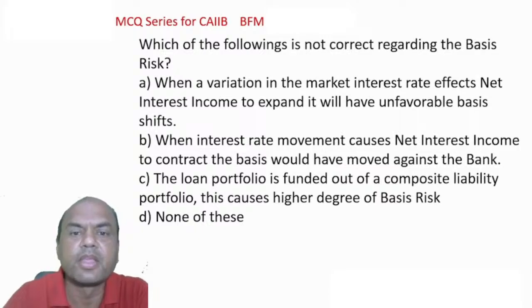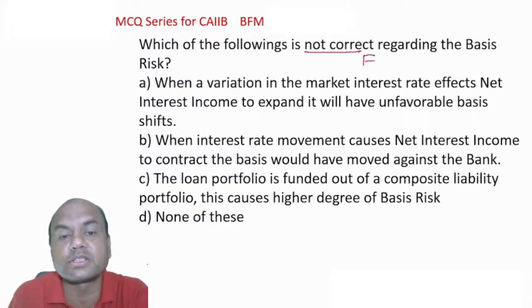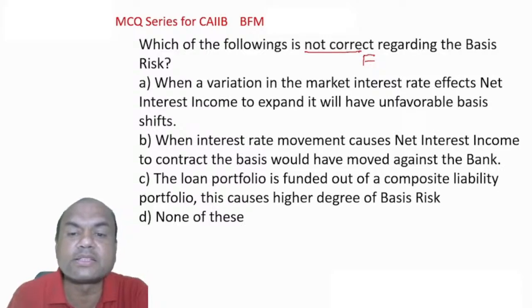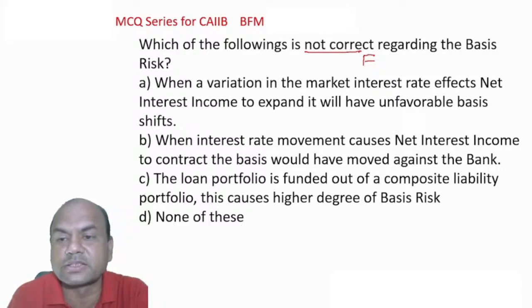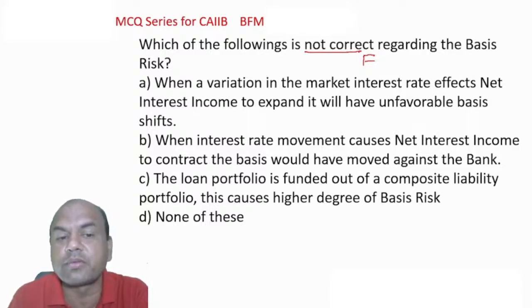Which of the following is not correct regarding the basis risk? Not. So again, we want what? False. Always immediately mark this. You want false answer. When the variation in the market interest rate affects net interest income to expand it, it will be unfavorable basis shift.